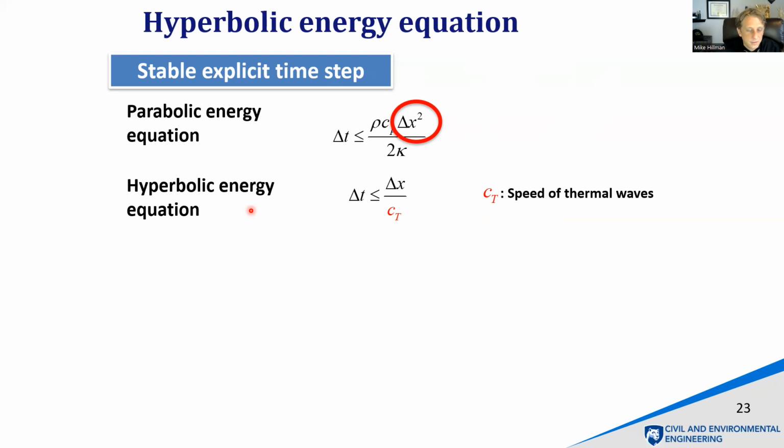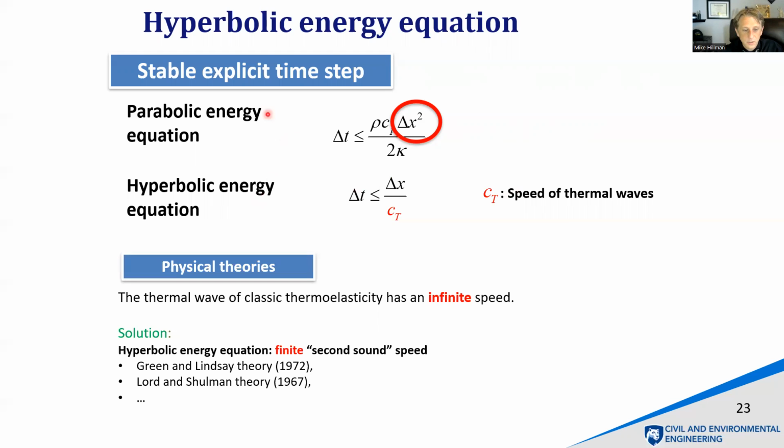Nothing can travel faster than light. So researchers actually looked into different theories with a second sound speed, which is the speed of thermal waves. There's plenty of literature explaining this, and for numerical purposes, this is quite convenient.